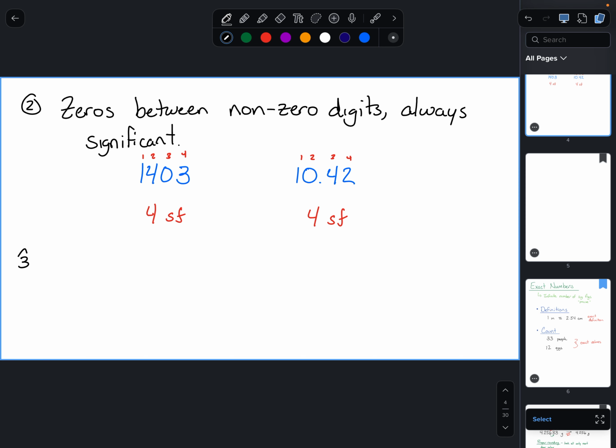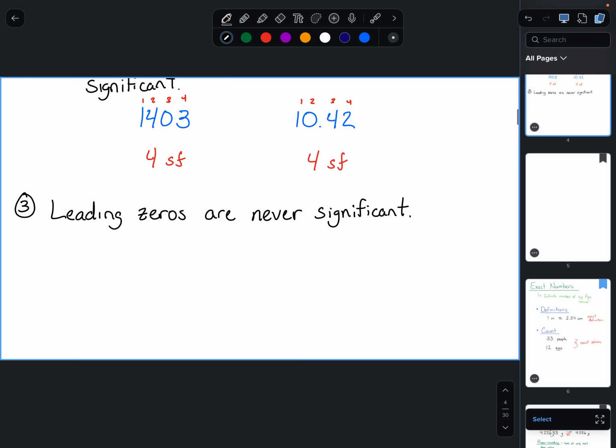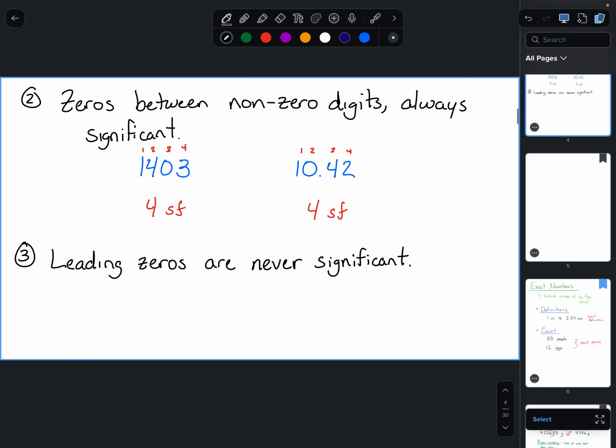All right, so this next rule is going to apply to very small numbers, what we call leading zeros. Leading zeros are never significant. So what do I mean by a leading zero?